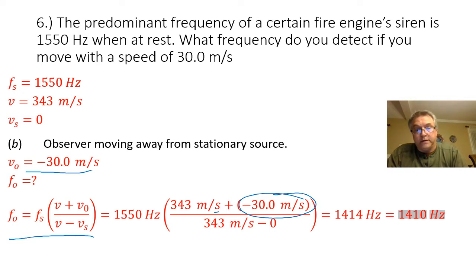The velocity of the sound wave is still 343 meters per second because we're still at room temperature, and my source is still stationary, so its velocity is still 0. So when I now make my velocity of the observer negative 30.0 meters per second, I will get a frequency of 1,414 hertz, or 1,410 hertz rounded to 3 significant figures.